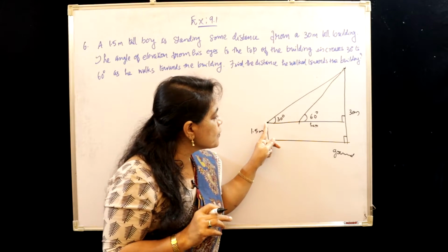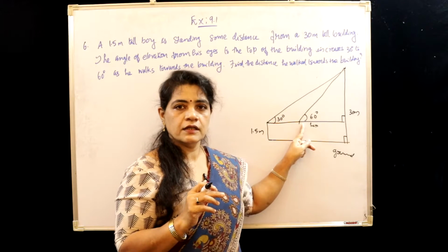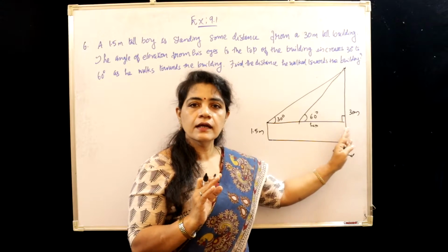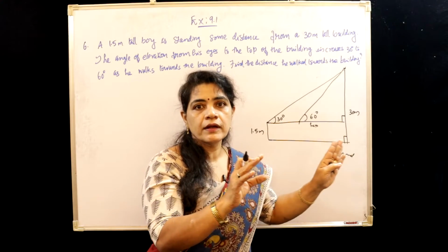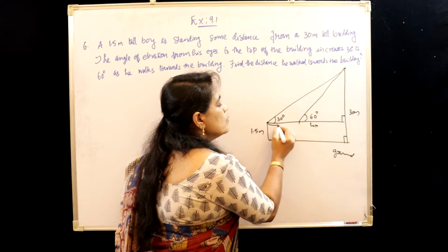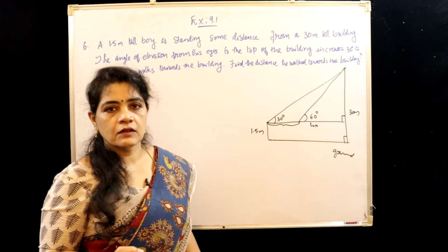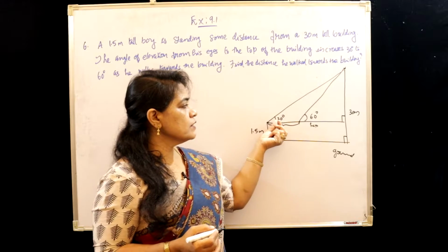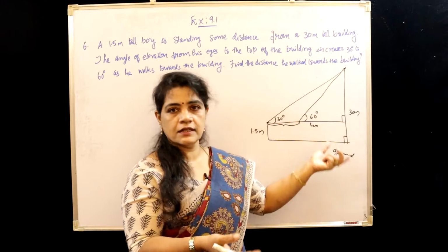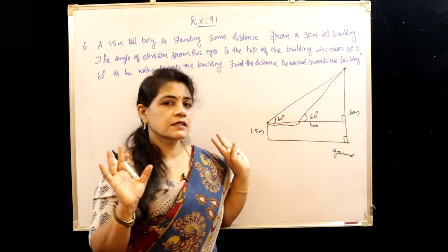The distance from this point to this point, the distance he walked towards the building. This is the building. He is approaching the building, and for that this is the distance walked by that observer, as a result of the increase in the angle of elevation from 30 to 60 degrees. So this is the picture, children.